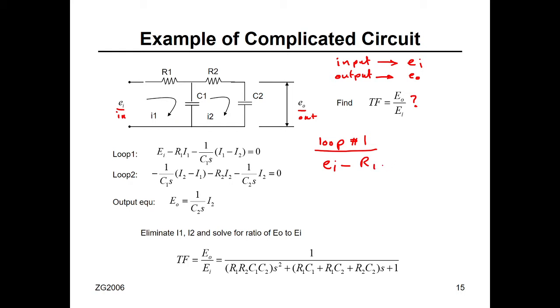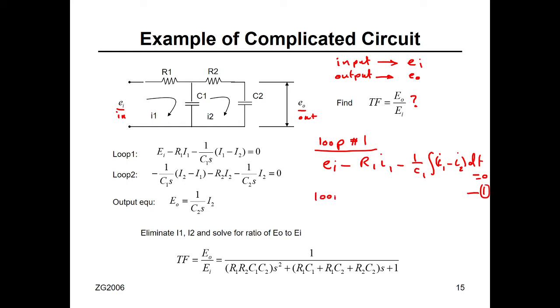So this is going to be R1 I1, minus the voltage across C1, which is 1 over C1 integral of I1 minus I2 dt, because we have another current on the other side, equal to 0. So this is equation number 1.